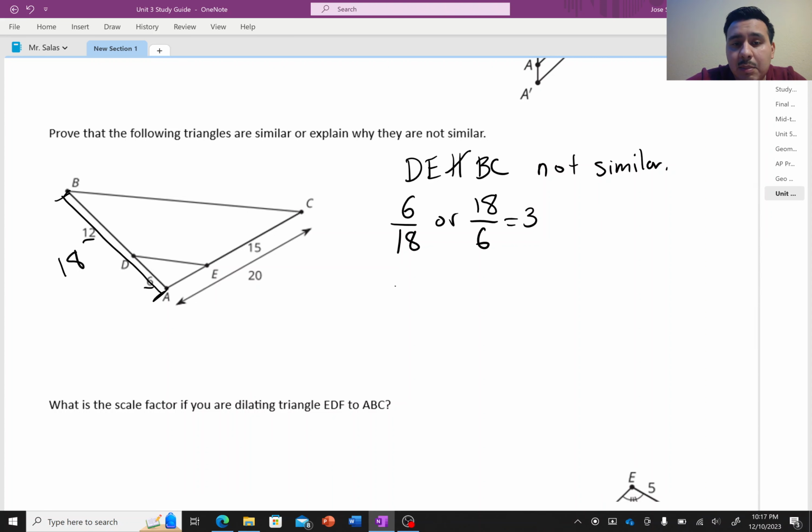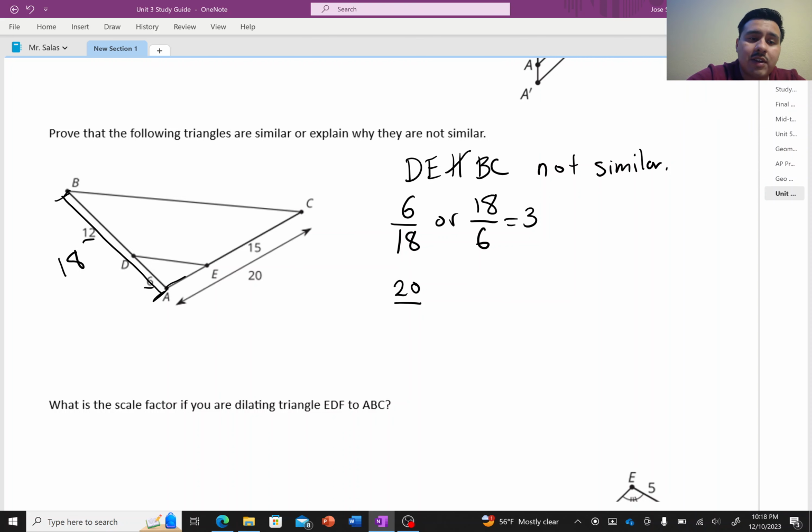So automatically I'm going to put 20 divided by what? 20 divided by 15? No, that's not right, because if I were to say 20 divided by 15, that means we're looking at this figure here, and that is not a triangle, that is a trapezoid. So do not draw the line I drew. That was just to show you that this is not a triangle, it's a trapezoid.